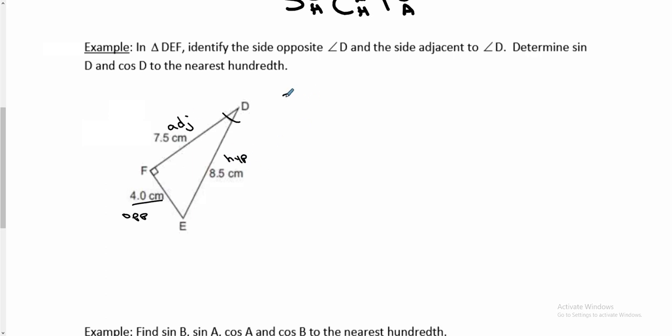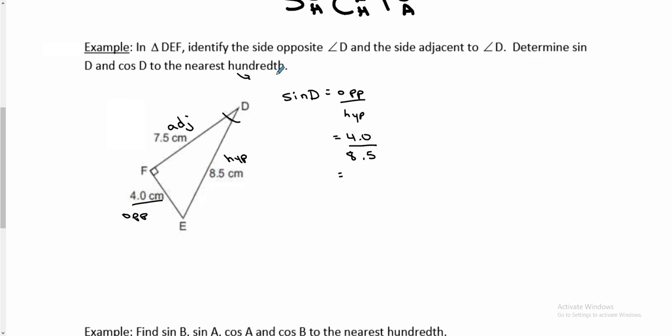So sine D is equal to opposite over adjacent, which gives us opposite, we said was 4.0, and adjacent was, oh, that's not right at all. I meant to say this is opposite over hypotenuse. Our hypotenuse being 8.5.